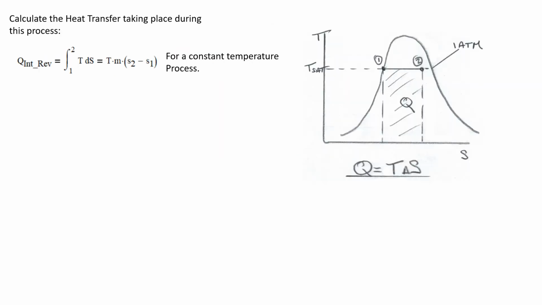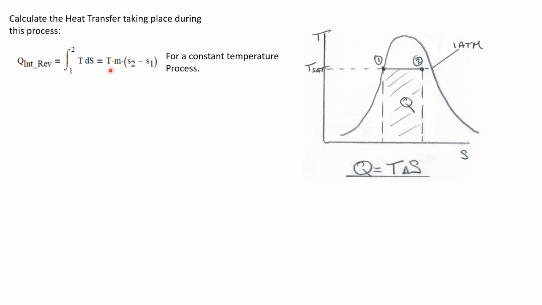Now let's calculate the heat transfer that takes place during this process. We know that for an internally reversible process only, Q, the heat transfer, is the integral from state 1 to state 2 of T dS. And if we have a constant temperature process, then the integral of T dS is just the temperature times the change in entropy.